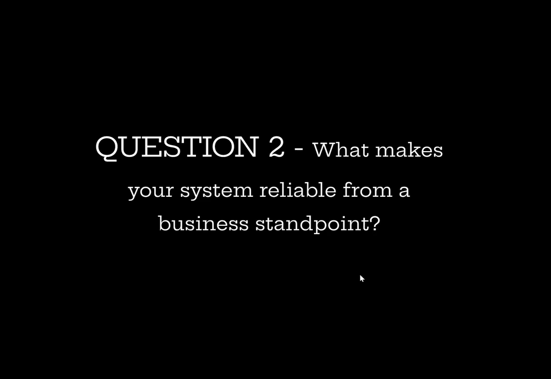Question number 2. What makes your system reliable from a business standpoint? Reliability comes from 3 deliberate design choices we made: organized storage, clearly separated logic, and consistent input validation. All user and movie showing data is saved on every run, meaning that no manual backups or re-entry is required.